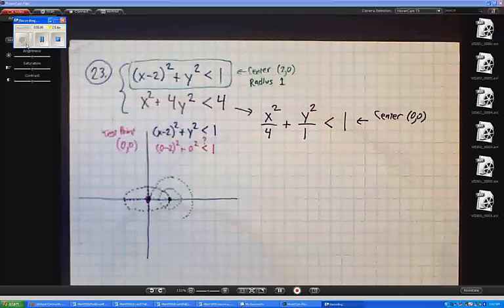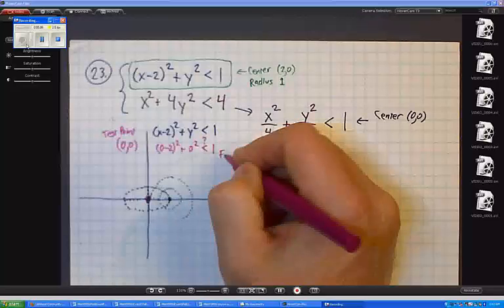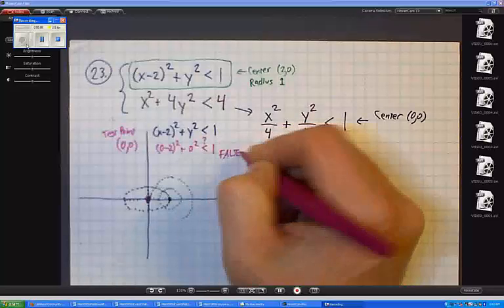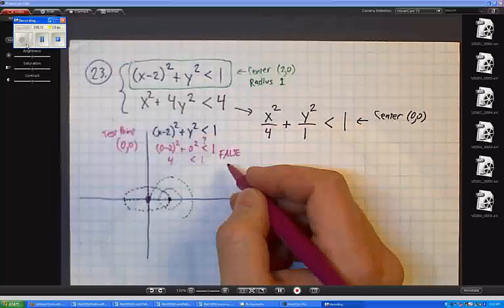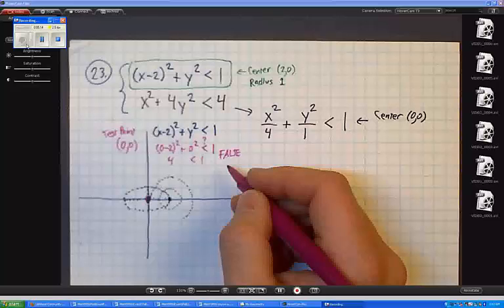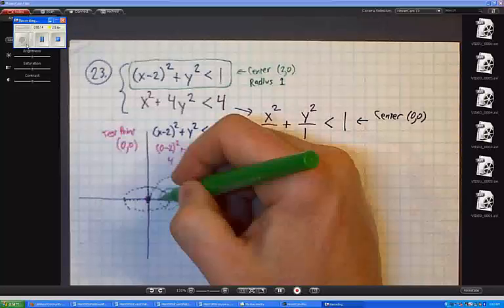True or false? What do you guys think? Yeah, I'd say that's false, because remember, this is going to be positive 4 less than 1. That's false. So the shading doesn't happen outside the circle. It's inside the circle.